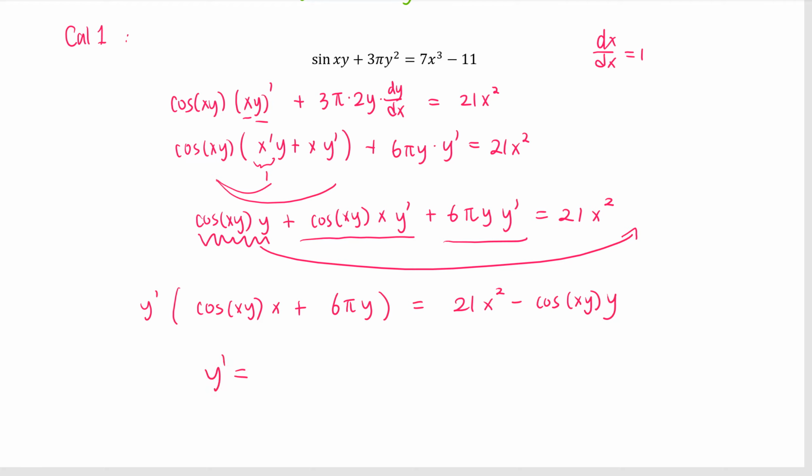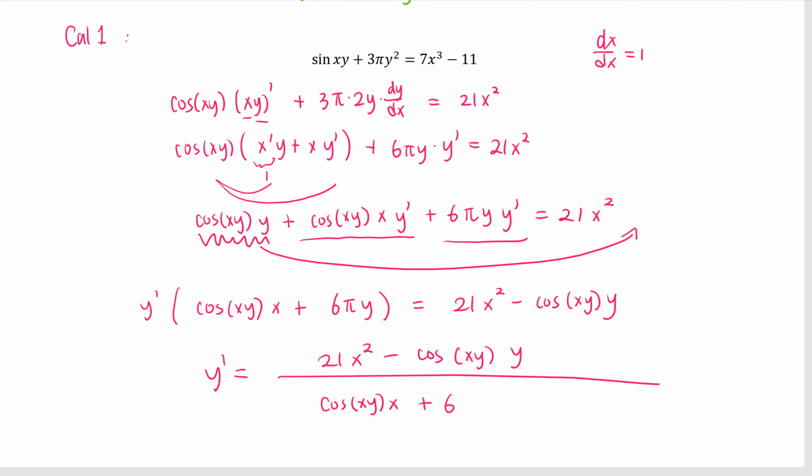So y prime is 21x squared minus cosine xy times y, over cosine xy times x plus 6 pi y. So this is what we would do when using the method we learned in Calculus 1.